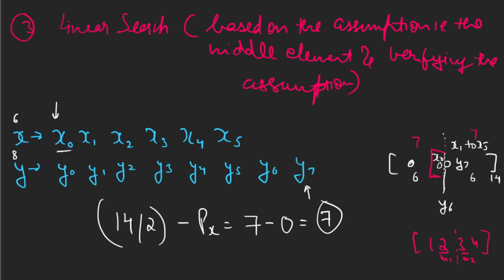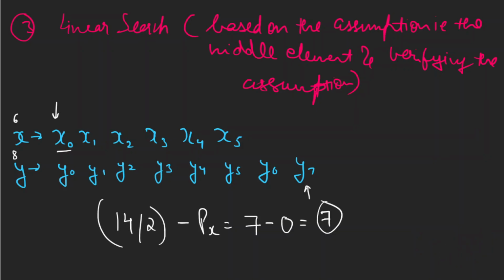It's like saying you have this 14-sized array, and you got your x0, which means this element, and now you have your y7 as well, so y6 will be here.